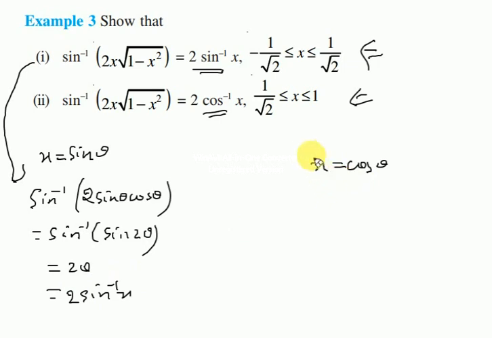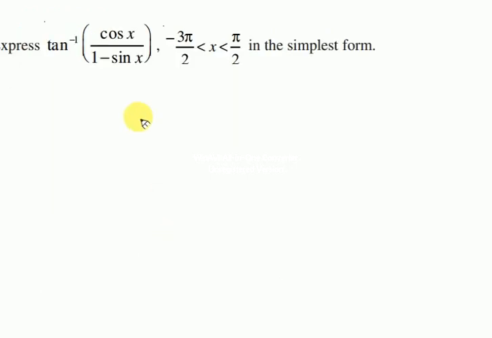In the same manner, by substituting x is equals to cos theta, in the final step we will get 2 cos inverse of x. Same left hand side, but the right hand side is different because the domain is different. Then we may have simplified form of another function, that is tan inverse of cos x divided by 1 minus sin x. So how can we prove this one?